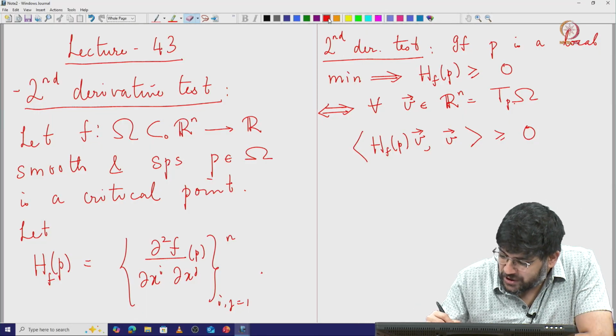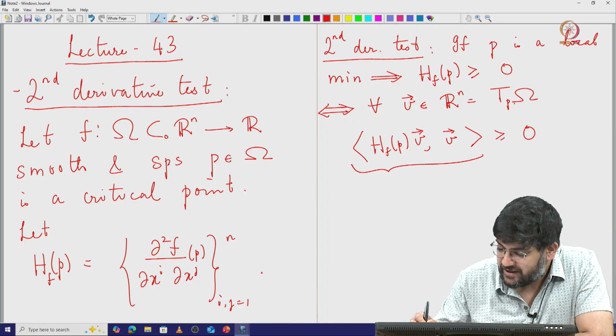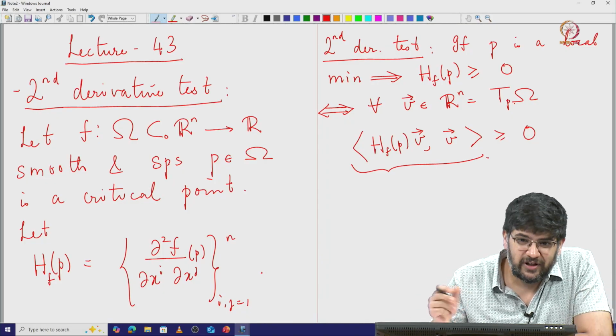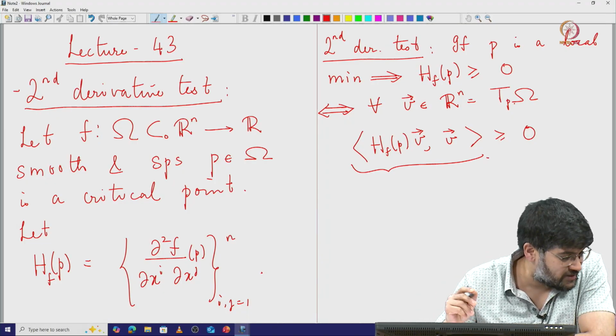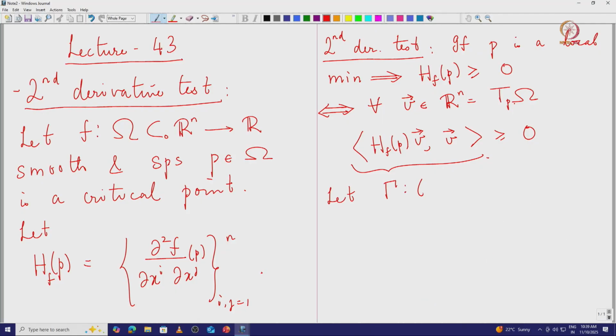Now how do you calculate this inner product, because that is the thing that we would want to generalize to our situation. Let capital Gamma be a curve in omega such that Gamma of 0 is this critical point and the derivative at the critical point is precisely this vector v.